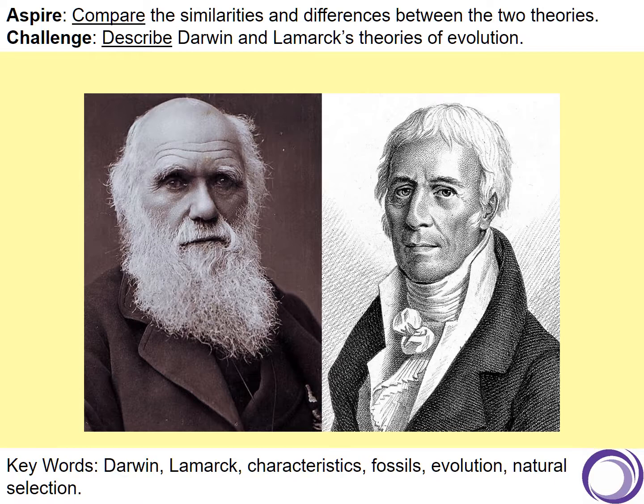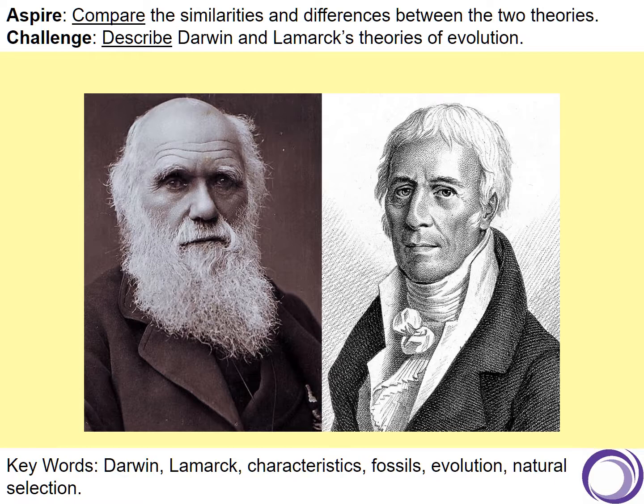The change from worms to other organisms was caused by the inheritance of acquired characteristics. Now, Lamarck's theory proposed that the way organisms behaved affected the features of their body. A case of if you use it, you'll keep it, but if you don't use it, you'll lose it. So if animals used a particular feature a lot over a lifetime, Lamarck proposed that this feature would then grow and develop.